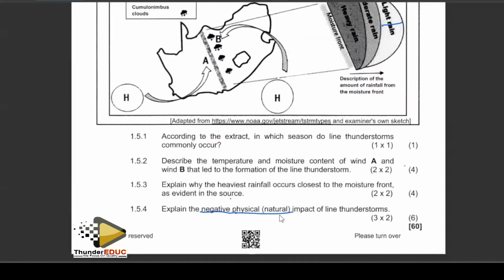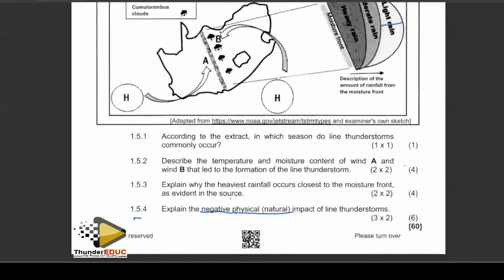We are looking at the negative impacts on the natural environment or on the physical environment, not on the human environment, or on social life of people, or on the economy of the country. We are only worried about the physical or the natural environment. How do line thunderstorms negatively impact the natural environment?